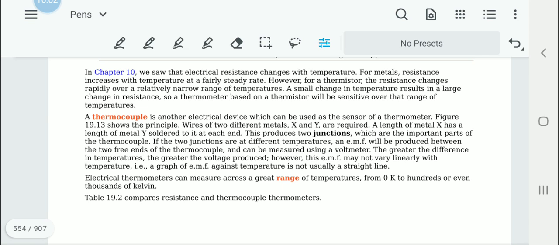Two junctions are made by soldering two metals end to end with a voltmeter in between.